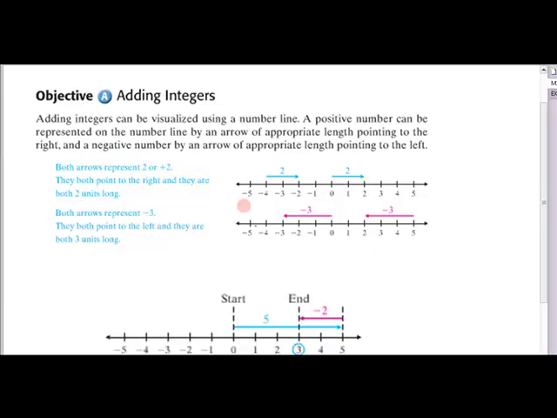So this is not really adding anything right now, but if I want to talk about adding 2, then depending on where I need to start, I'm going to draw an arrow of length 2, and it will take me from one place to another because it was positive 2. If I'm going to talk about adding a negative 3, I'm going to draw an arrow of length 3, but it's going to go to the left because it's negative. Okay, so positive to the right, negative to the left.